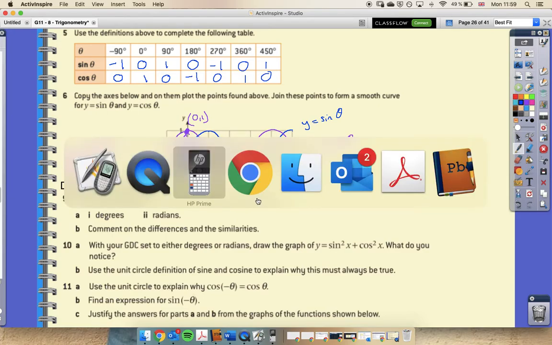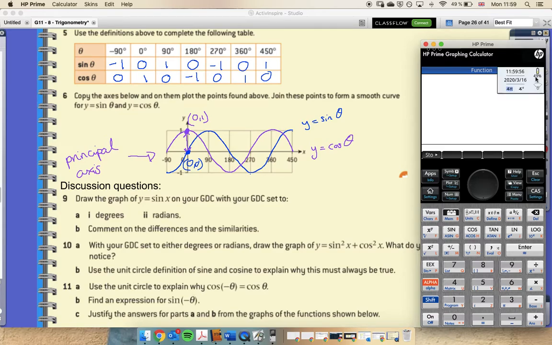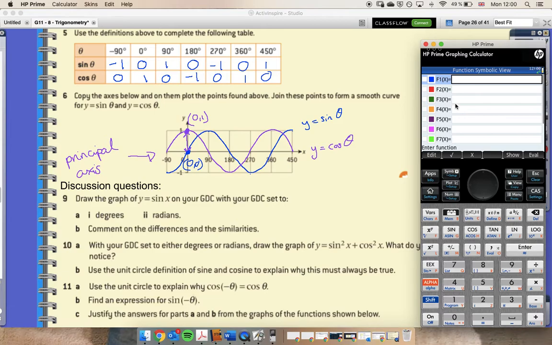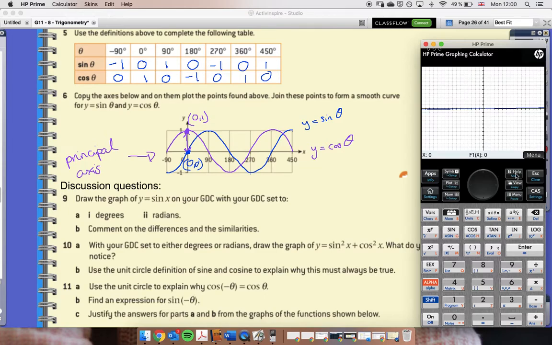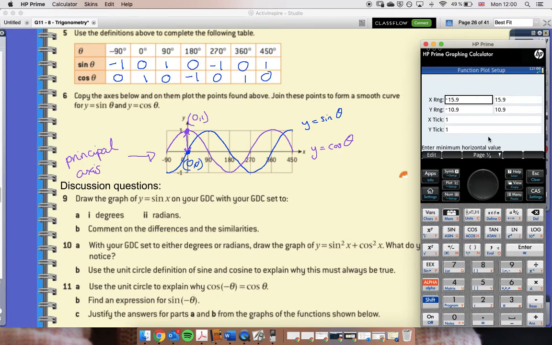Okay, let's take a quick look at drawing these on our calculators, set first in degrees and radians, and just see how they differ. So let's make sure I'm in degrees. Okay, and I'm going to type in sine x. I'm just going to set the window the same as the graph above, so, oops, I've done it again.